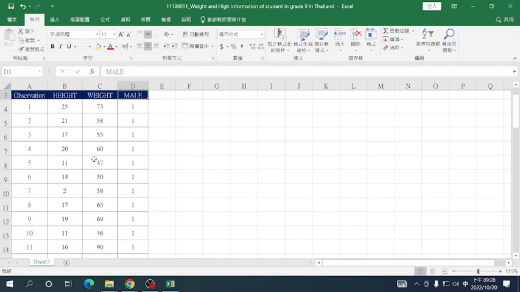So this is in centimeters, minus 150. So the 25 means it's 175 centimeters, a ninth grade student. Does that make sense? Yeah.